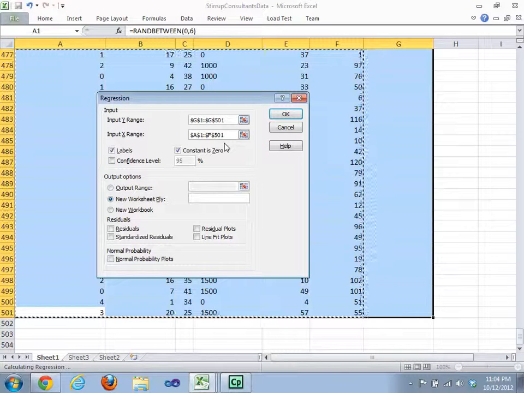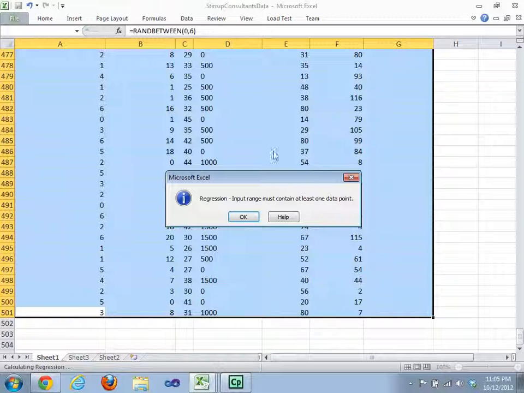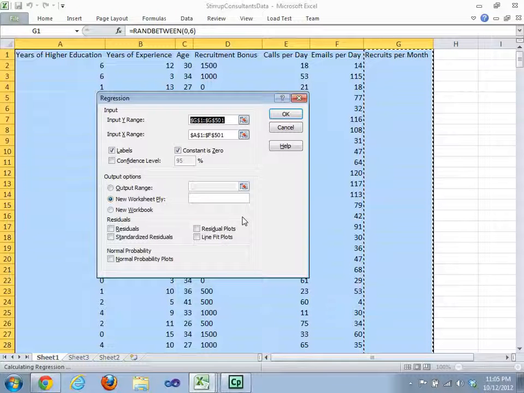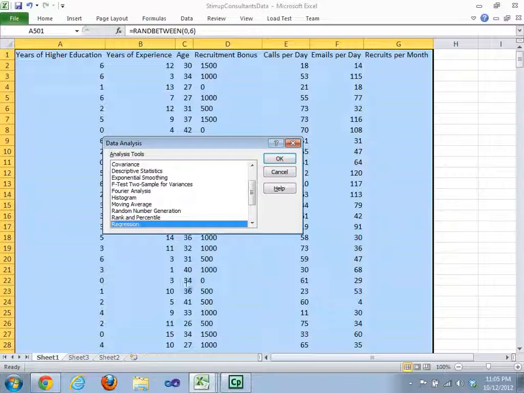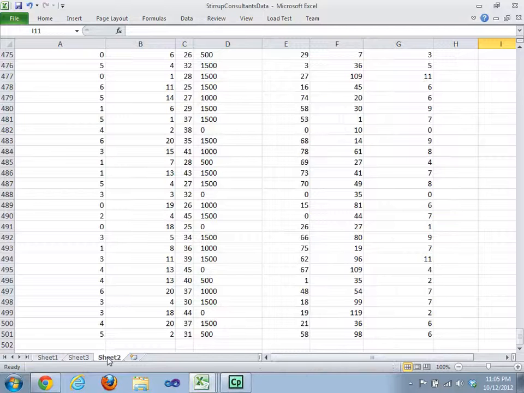A1 to F501, G1 to G501, constant is 0. Input range must include at least one data point. Oh, I'm on the wrong sheet. If you ran into this, I'm sorry. The data is actually on sheet 2.